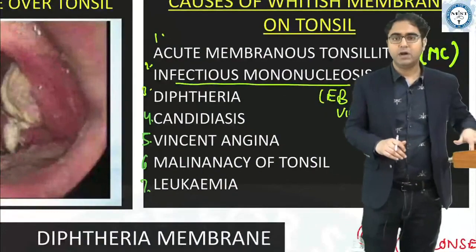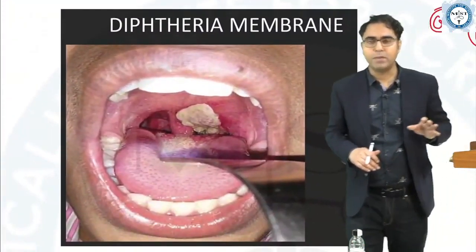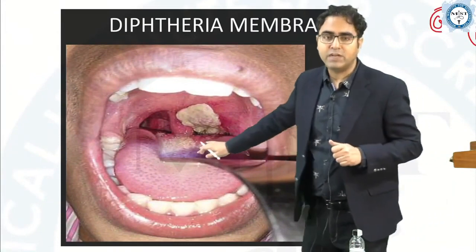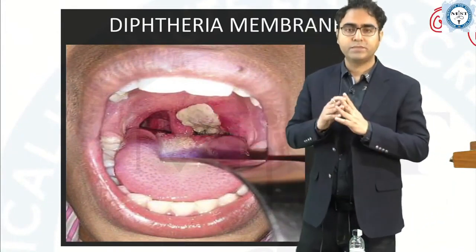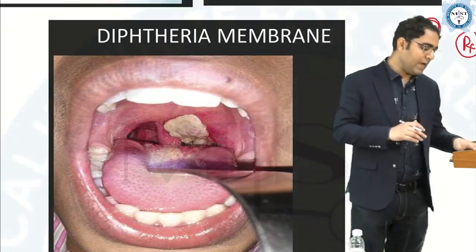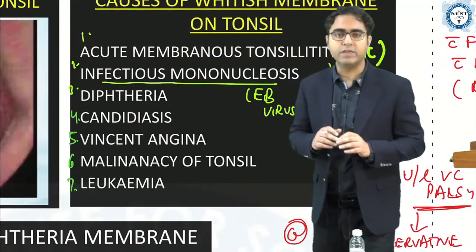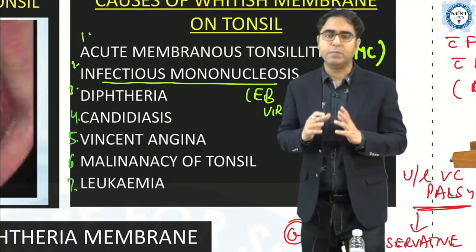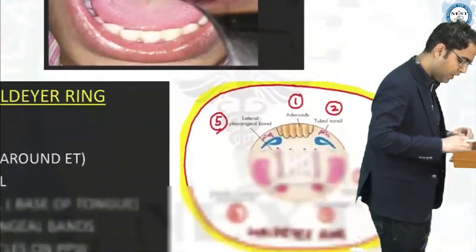The third is very important, diphtheria. The two points to remember are: number one, the membrane extends beyond the tonsil to the palate; number two, it bleeds on removal. Number four will be candidiasis. Number five, Vincent angina. Number six, malignancy of tonsil. Number seven, leukemia. All these points are clear, beta?